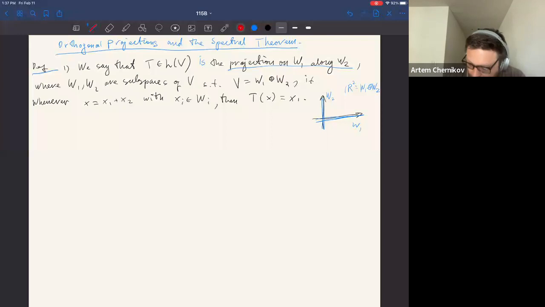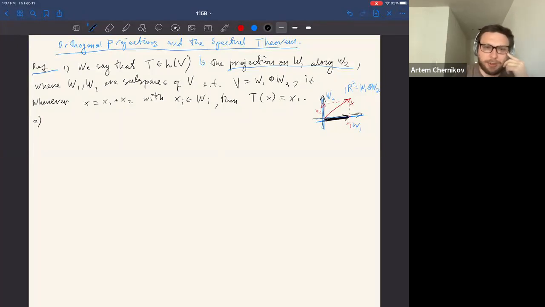And then if you have some vector X, first of all, this vector can be written as the sum of X1 and X2, so the sum is exactly X. The projection corresponds to just this component. But this makes sense for any choice of the subspaces, as we just defined, so that the direct sum is the whole space. Okay, so this is one.